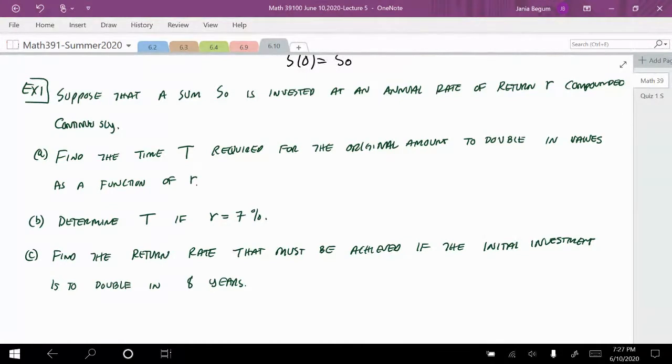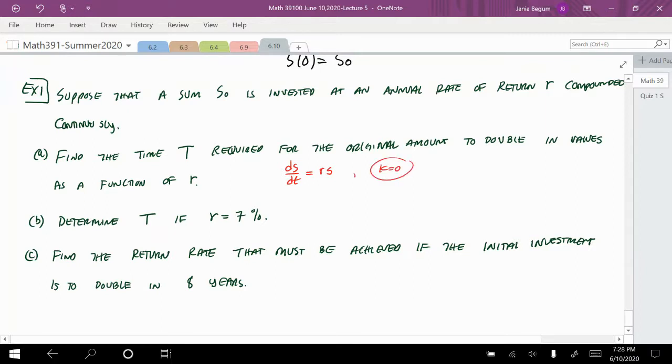So this is a compound interest problem, right? So we're working with ds dt is equal to r times s plus or minus k. Now, does the question mention about any amount you're withdrawing or depositing? Nope. No, so that means k is 0. So we can start with ds dt is equal to r times s because k is 0.